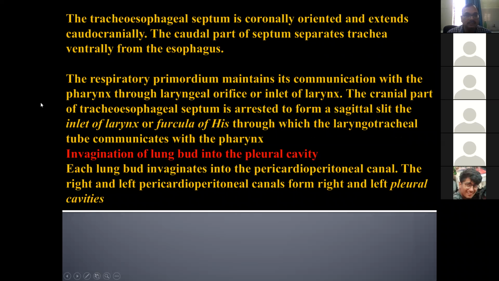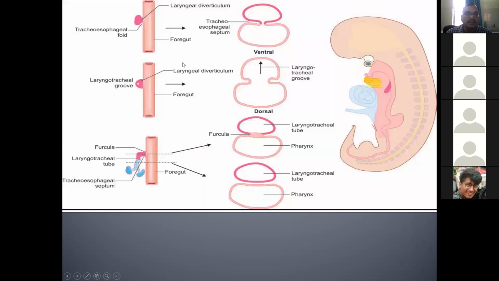We have seen in the previous slide that before formation of the septum, a slit-like opening is left over. This small opening persists even after the formation of the septum, and it is known as the furcula of His.